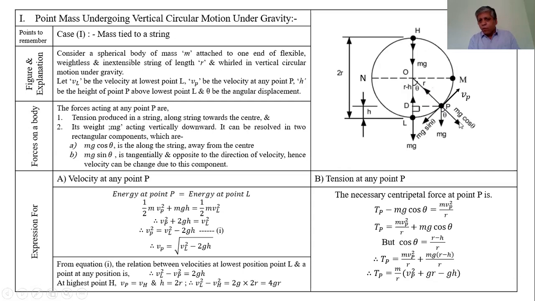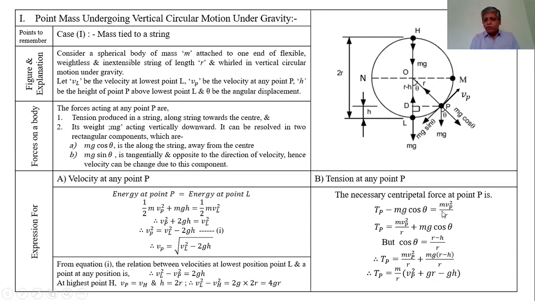These two, mg cos theta and Tp, are opposite to each other. Therefore, the net force toward the center is Tp minus mg cos theta, and that provides the necessary centripetal force.